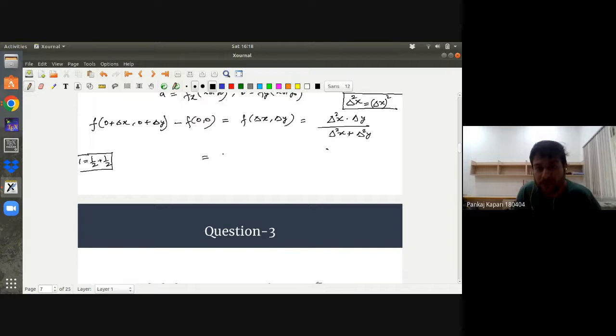In one part we write half of delta x delta y divided by delta square x plus delta square y, into delta x. And in the other half we write half of delta square x divided by delta square x plus delta square y, into delta y.